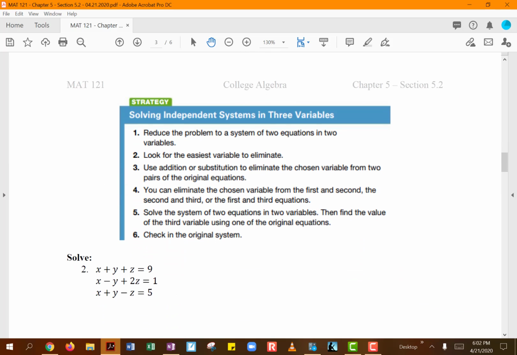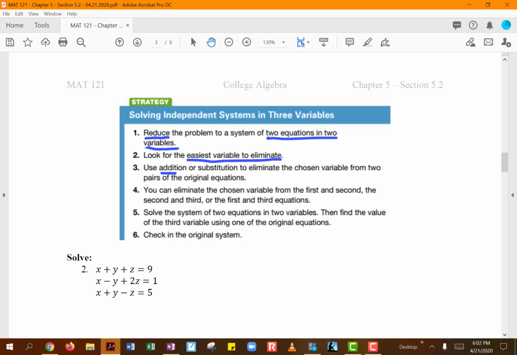So let's go ahead and look at the procedure for solving an independent system in three variables. We basically have to take this system, which is three equations in three variables, and reduce it down to a system that only has two equations in two variables. They are saying to look for the easiest variable to eliminate.